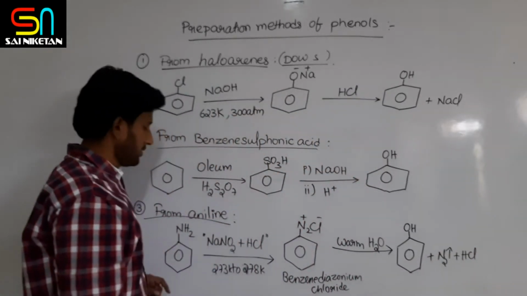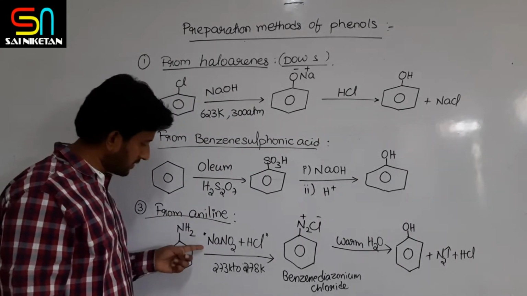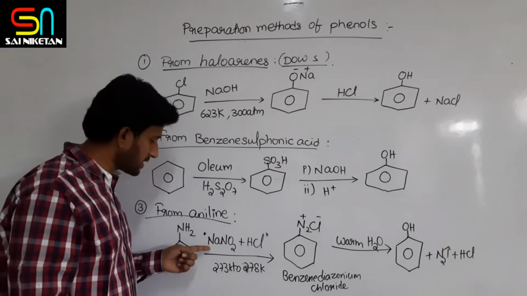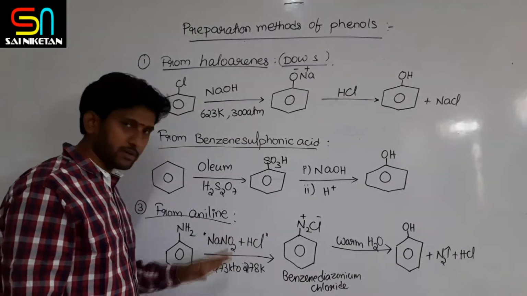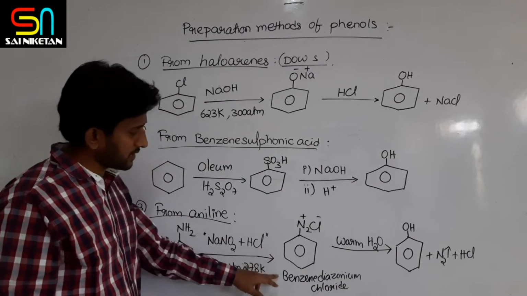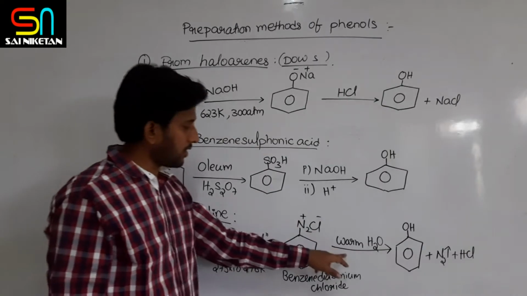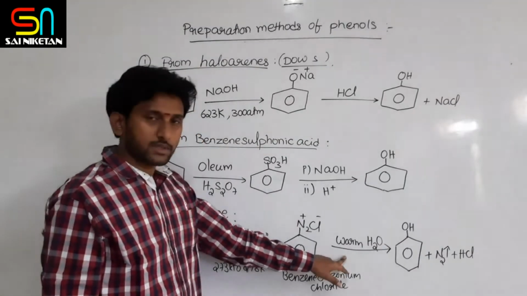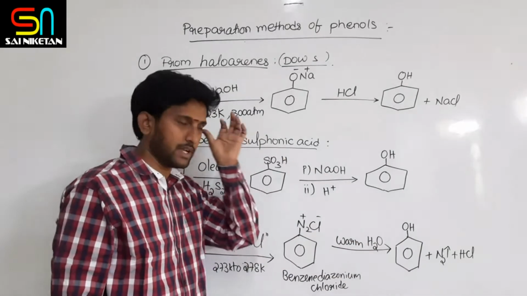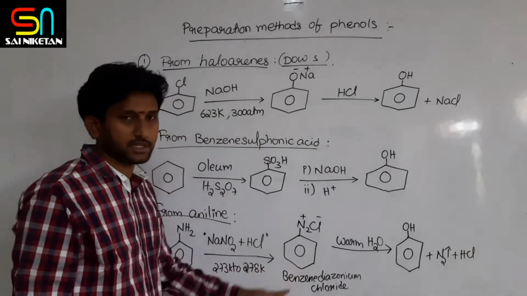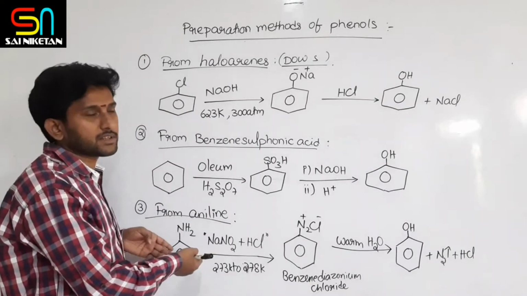Okay. So from aniline, how do you get phenol? Aniline on reaction with the diazotization mixture. What is that mixture? Sodium nitrite with HCl at 0 to 5 degrees. What do you get first? Benzene diazonium chloride. Benzene diazonium chloride on reaction with warm water produces phenol, with liberation of nitrogen gas and byproduct HCl.